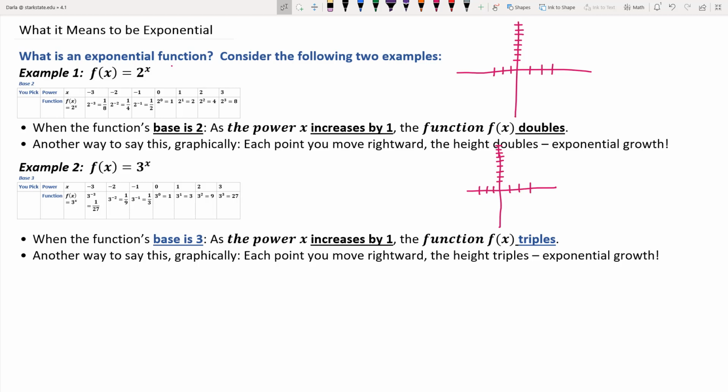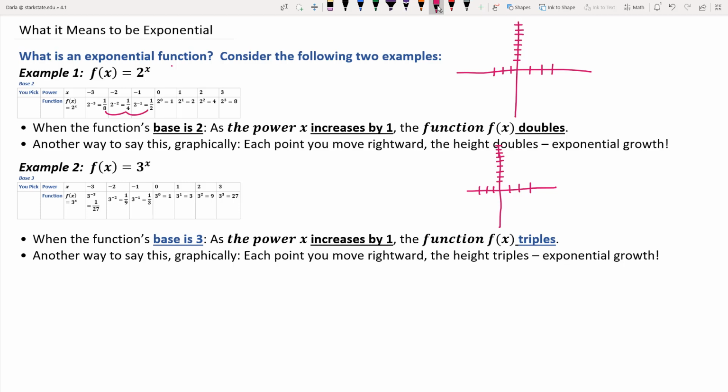So the idea behind what it means to be an exponential function is that as your x increases by, let's say, 1, then your f of x is going to increase by the base as a factor. So for example, the base here is 2. So as your x increases by 1, then your f of x is going to ultimately double.